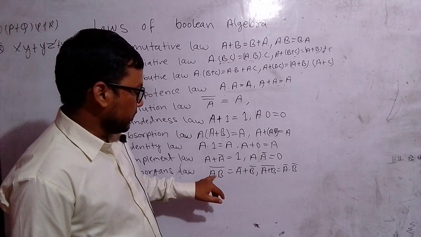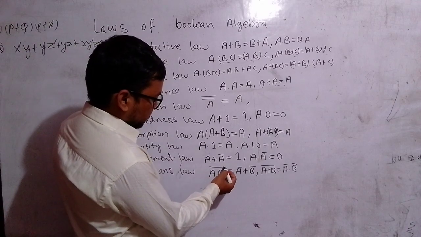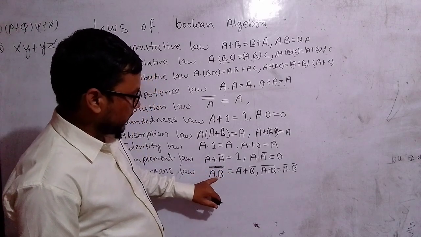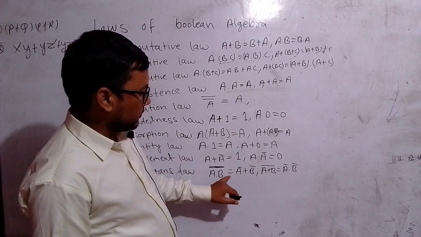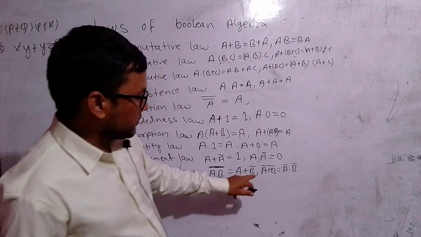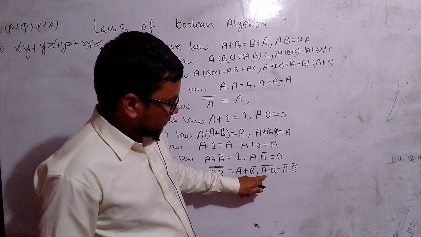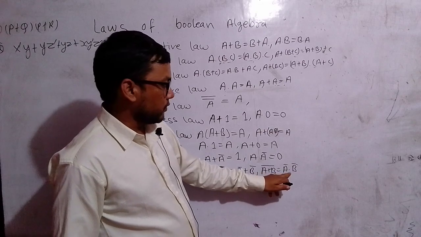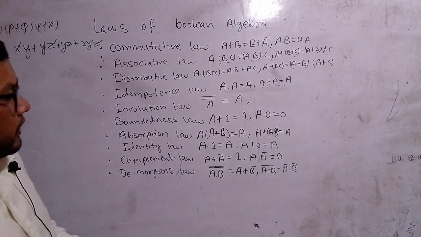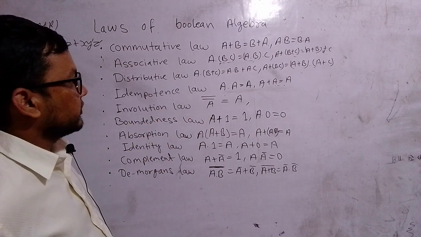That is, for two variables in the product form, if we append a not complement to both of the variables at once, then it would be equal to the sum of the individual complements of each variable. Similarly, the complement of the sum of two variables is equal to the product of the complements of each variable, and these are called De Morgan's law. Now we can verify each of these expressions using the truth table.